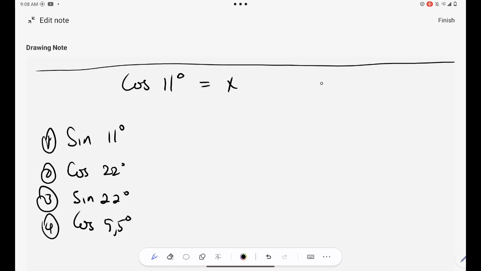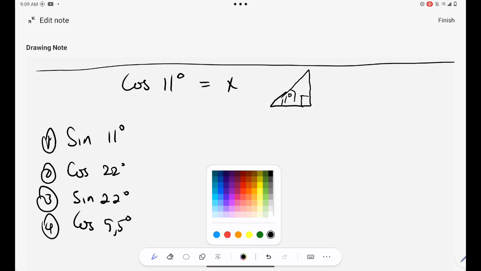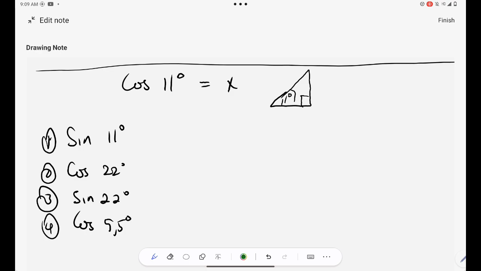Since I'm given the angle, I know that I'll have a trig ratio. I'll have a right angle like this, né? Whereby I'll have 11 degrees there. By definition, cos is x over r. So if I have x here, that means my hypotenuse was 1. Because if I have a number, that means its denominator is 1. Are you together?